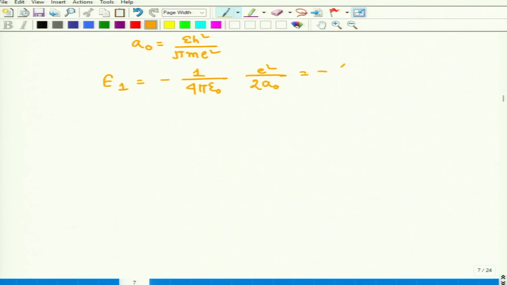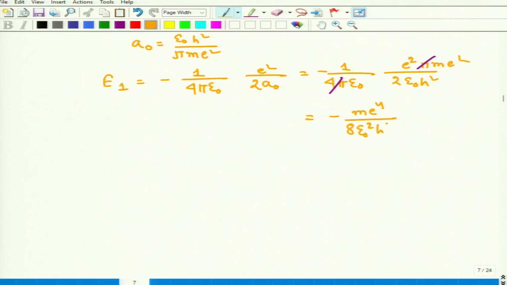If we put A0 here, then we should obtain e square pi, epsilon naught h square pi m e square. So pi will be cancelled, so it must be m e to the power 4 divided by 8 epsilon naught square h square. Yes, correct. So this is the energy.